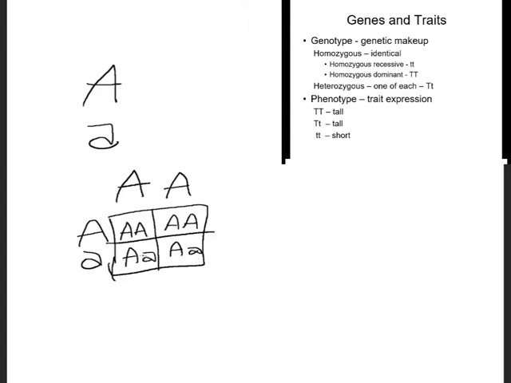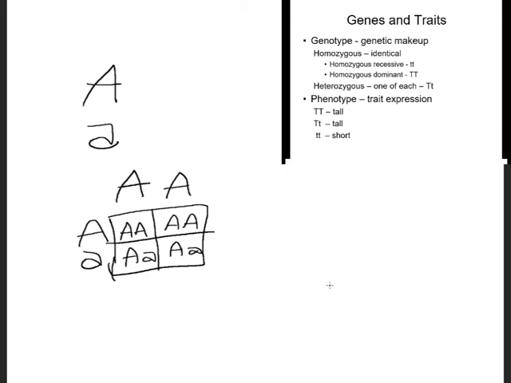Well, in this scenario, it's 100%. The reason for that is because this parent has the dominant phenotype, because they have one dominant allele, one recessive. And all the children have the dominant phenotype, whether they're homozygous dominant or heterozygous. So in this scenario, it would be 100% dominant.